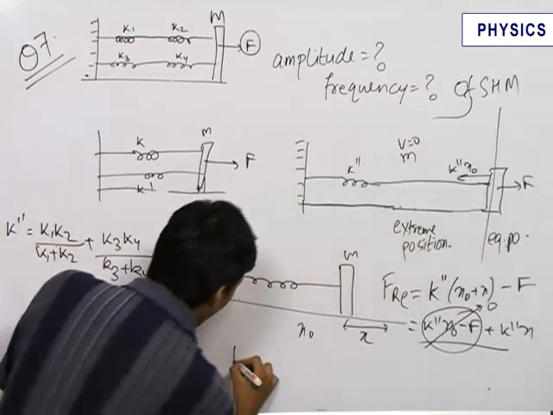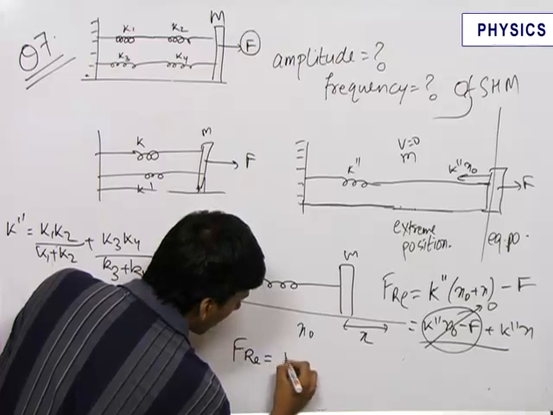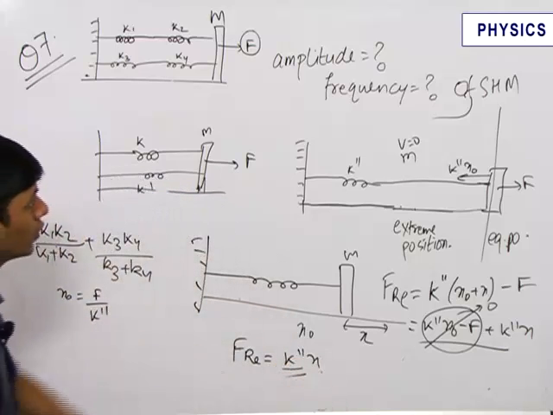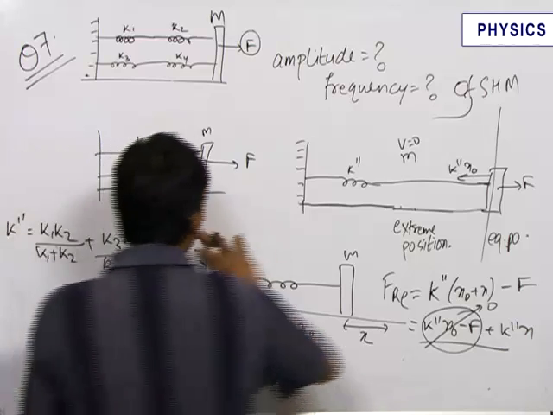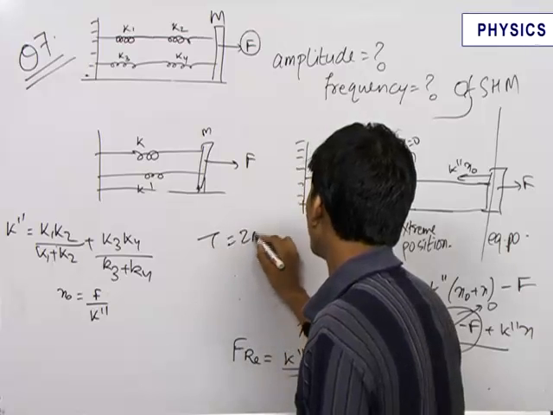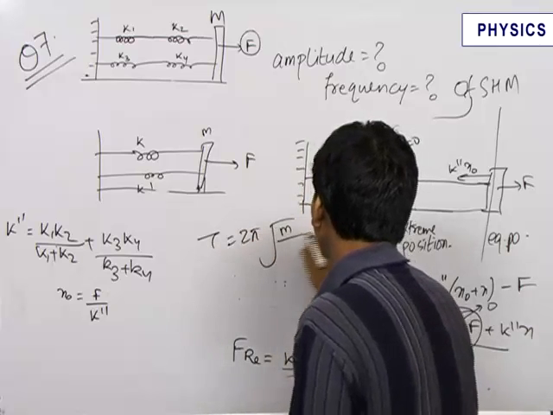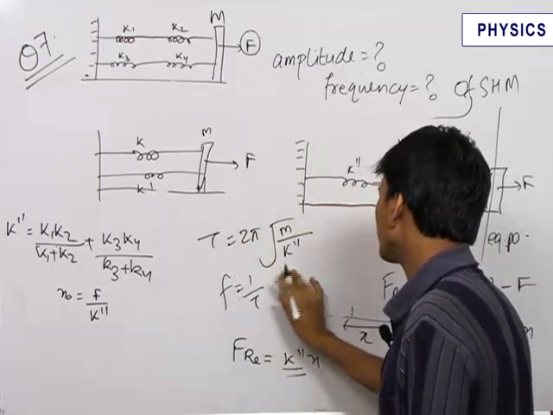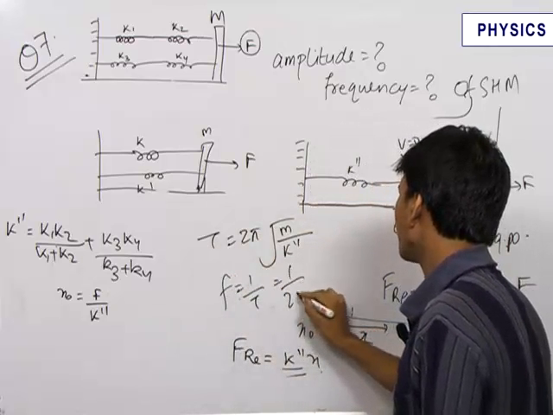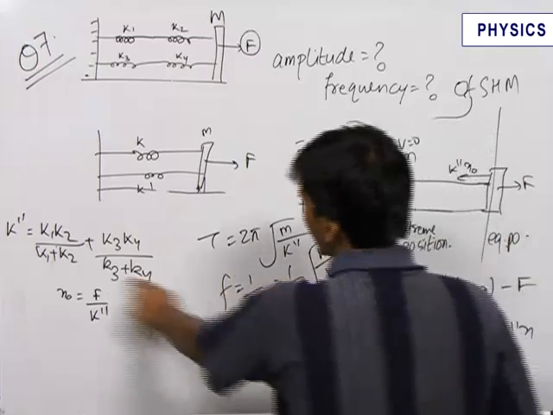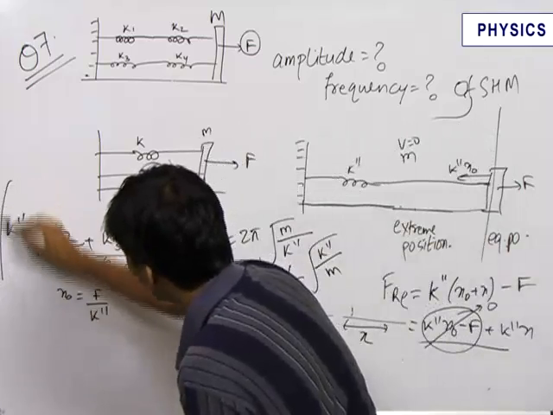Therefore, the net restoring force becomes equal to K double dash X, which is directly proportional to X. Therefore, the frequency of SHM can be written: time period T is equal to 2 pi root over m upon K double dash. Frequency is equal to 1 upon T, which is equal to 1 upon 2 pi root over K double dash upon m, where the value of K double dash is substituted to be this.